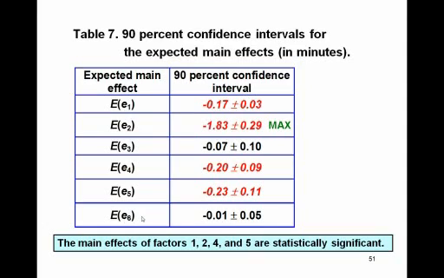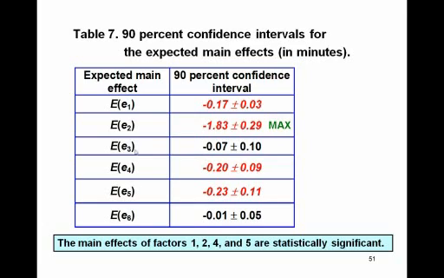If we look at the qualitative or categorical factor Q discipline, the magnitude is very close to 0, and it's not statistically significant because the confidence interval does contain 0. It goes from minus 0.06 to plus 0.04.